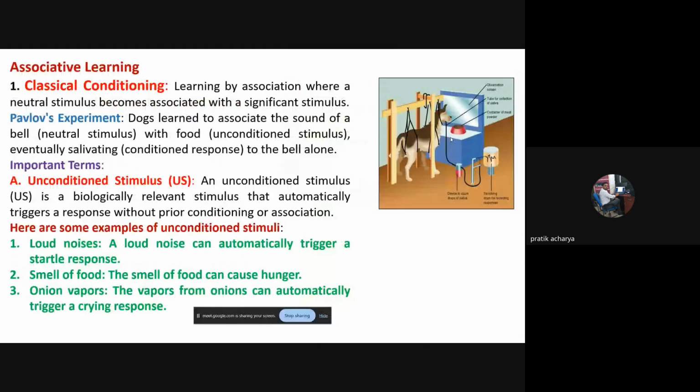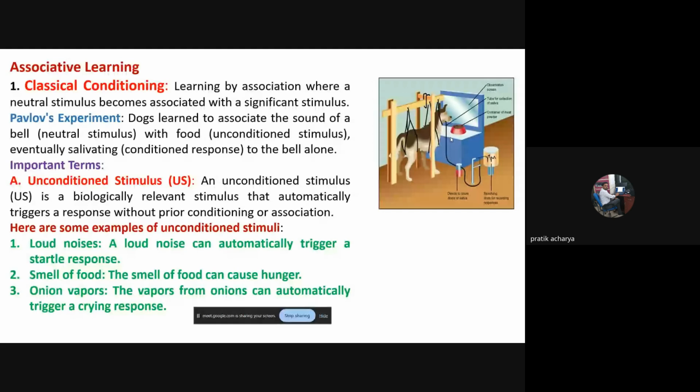Okay, so next is associative learning. In associative learning, we'll discuss two kinds of conditioning. The first is classical conditioning. So what is classical conditioning? There is an experiment performed by Pavlov, commonly called Pavlov's experiment on dogs.